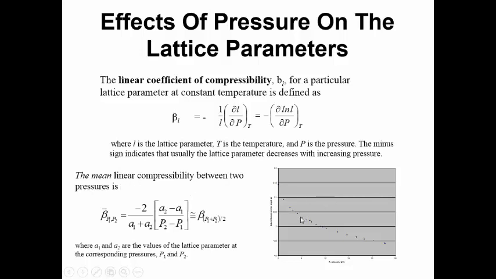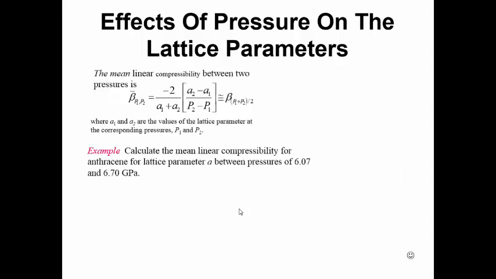So we simply select two relatively close points, and we take a mean compressibility, averaging between the two points. So here you have the change in the lattice constant over the change in pressure, and this 2 is because you're taking the mean. That will give you an approximation. It will give you some form of a lattice compressibility, coefficient of compressibility.